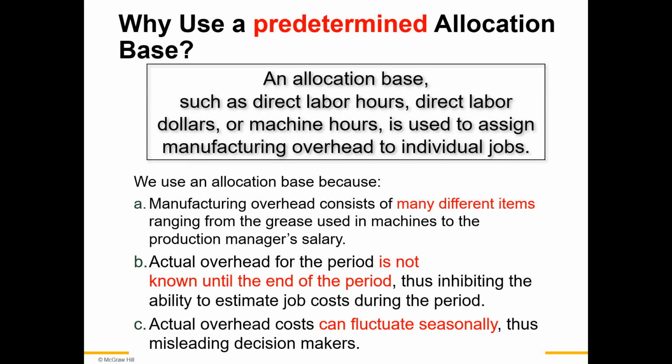If you use the actual overhead, we know it includes many different items in a certain period, maybe 50 or even hundreds or thousands of different items. So if you want to know the actual overhead for a month or for the quarter, you need to wait a long time to get all of the overhead items into the calculation.